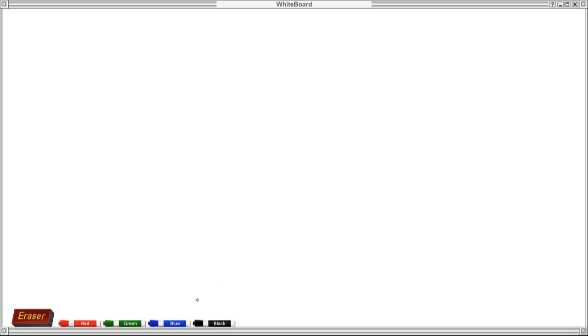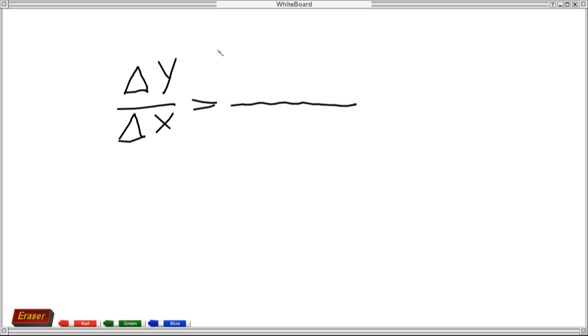So, if you remember taking algebra, you probably remember this formula: delta y divided by delta x is equal to y2 minus y1 divided by x2 minus x1.